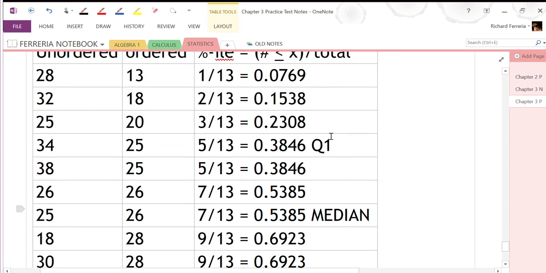So now we take a look at the lower half here. 1, 2, 3, 4, 5, 6. So really here, not the median, Q1 should be in between 20 and 25. Somewhere in between there should be Q1. So usually what we would do is average those two. So the average of 20 and 25 would be 22.5.